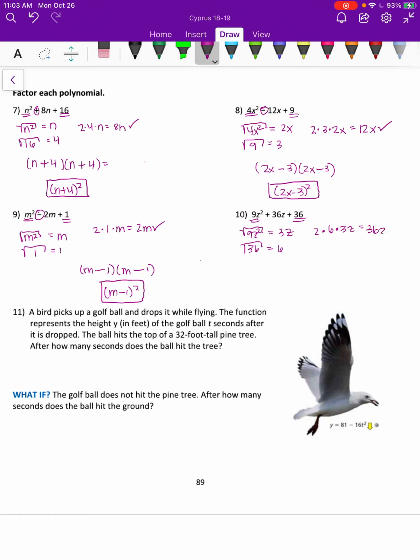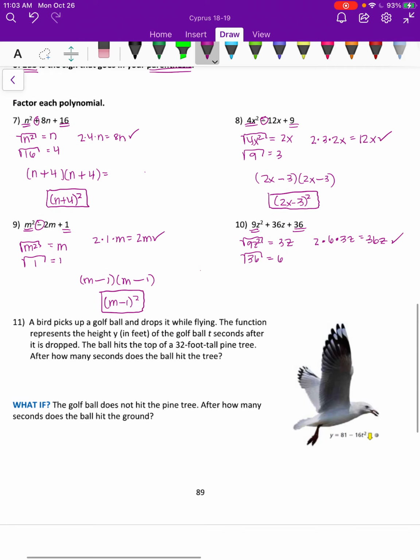If I multiply 2 times 6 times 3, I get 36z. So we're good to go there. Jump straight to my answer. I have 3z and 6, 3z and 6. 36z is positive, so both of these are positive. So my final answer, 3z plus 6 squared.